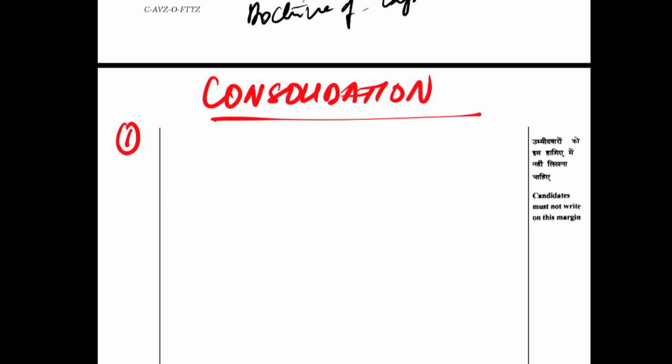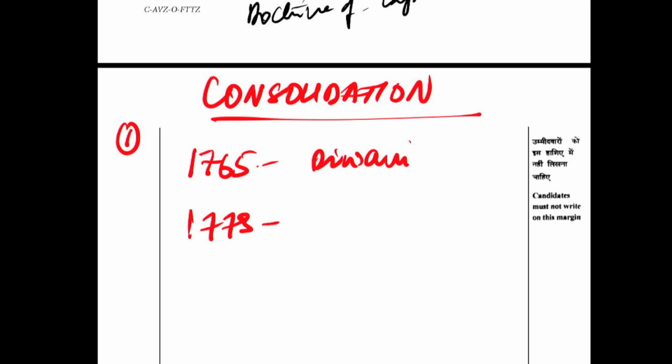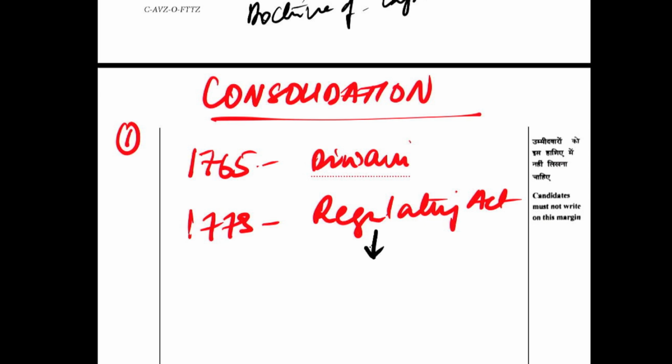So basically, when talking about consolidation, you're talking about the times pre-1800, when perhaps they get the Diwani rights here, and after that, 1773, the Regulating Act, through which perhaps they bring the company under the Parliament.